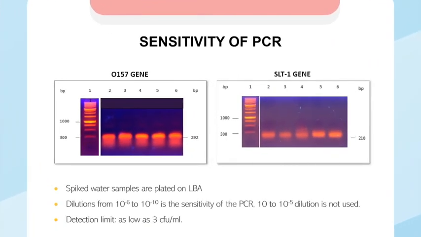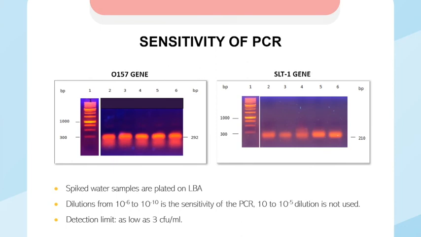Luria Bertani agar, or LBA, contained the samples from spiked water with a known microbial content and was diluted from a preferred 10 raised to negative 6 to 10 raised to negative 10 dilution, compared to 10 raised to negative 5, in which reading colony forming units is too difficult due to the numerous colonies. The PCR detection limit of Escherichia coli was determined to be as low as 3 colony forming units per ml.